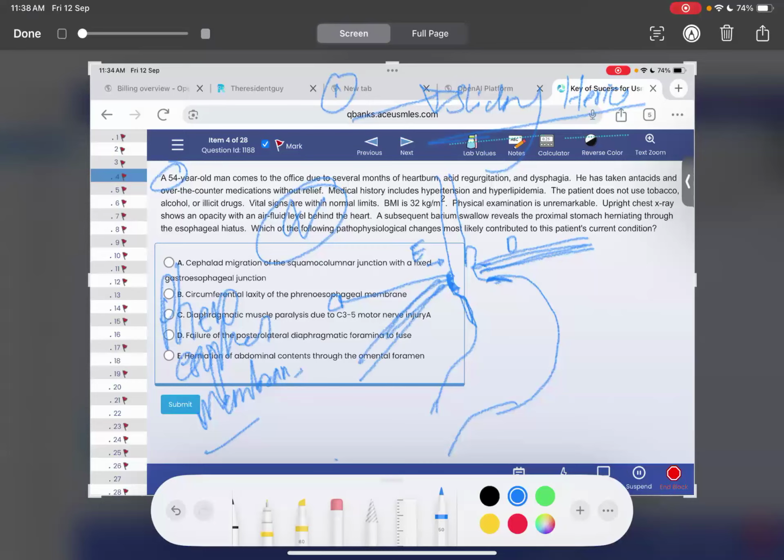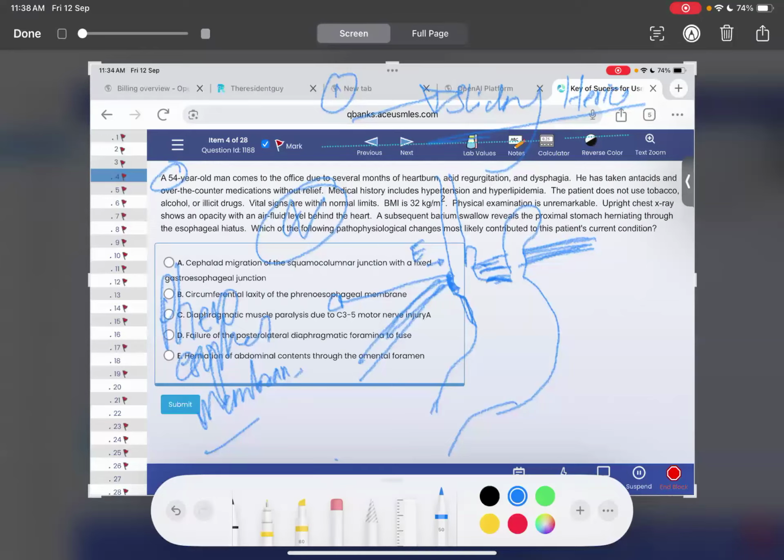Number two: if there is a defect in the diaphragm and this part of the stomach has entered through it, have you got the point?